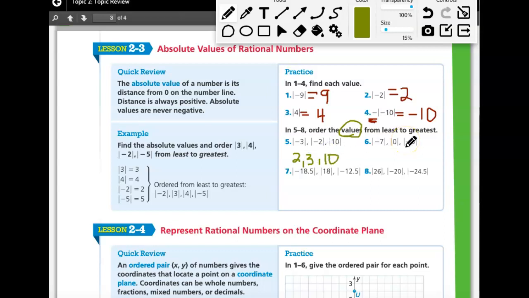Number 6. Jeremy, are you here? Yes. All right, go ahead, Jem. What's number 6? 0. Yeah, that's correct. You start with 0 because it's the lowest one.